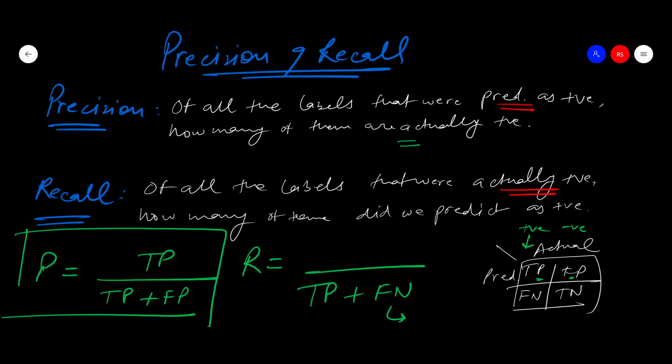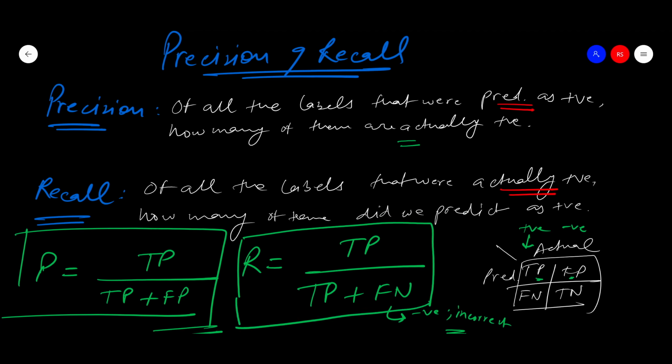Now this thing comes because they were predicted as negative and they are incorrect. That means they were positive in the first place, in the actual labels. So we have the denominator, and now we want to see how many of them did we predict as positive. So again, TP goes here. So this will be your formula for recall.